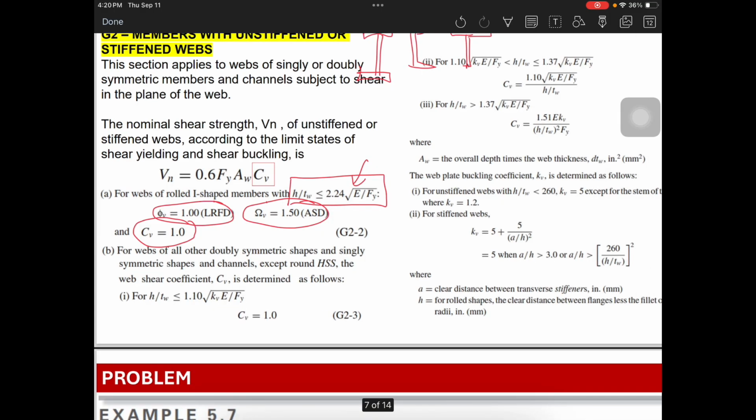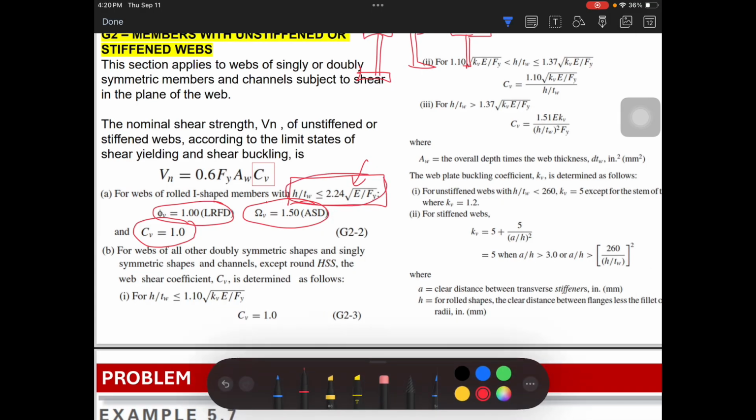So, what if hindi ka dito nag-fall sa H over TW na to? Hindi ka less than or equal to. Ibig sabihin, greater ka. Kung greater ka sa quantity na to, you have to check this quantity. Ito yung quantity mo naman. This one, all that's the same. And then ito. So, dalawa, no? So, you have to check your H over TW if it's less than or equal to this quantity. So, if it's less than or equal to, CV mo ay 1 din.